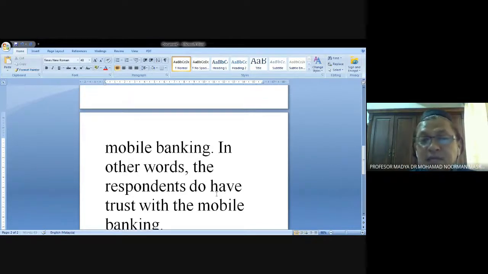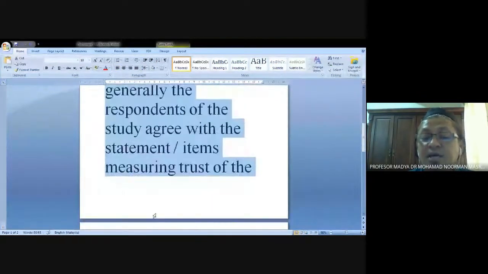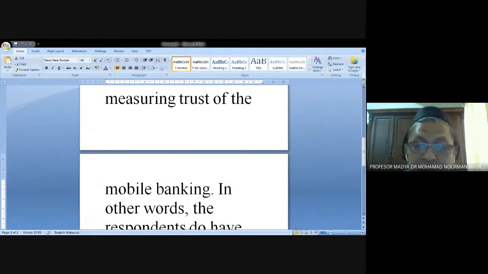This interpretation will help to answer your first research objective, that is, what is the rating given by user in terms of trust?